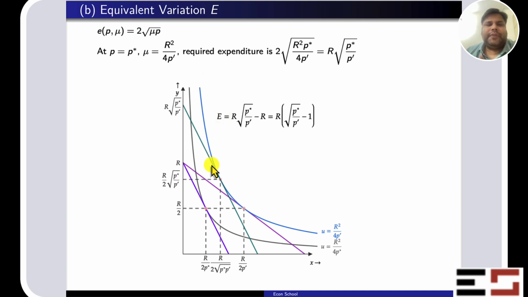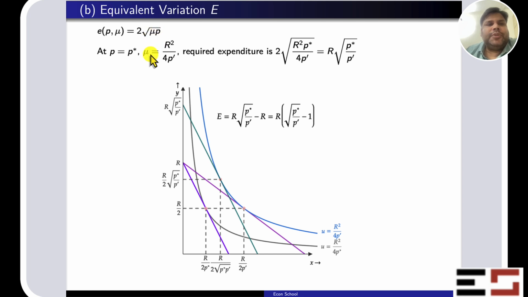Okay, so here you have to solve the expenditure minimization problem, and notice that the price is the original price of X, which is P star, and the target level of satisfaction is the new level of satisfaction, which is R square by 4P prime. So the required expenditure is something that you get by using the expenditure function that you have already calculated, which is 2 root mu p.